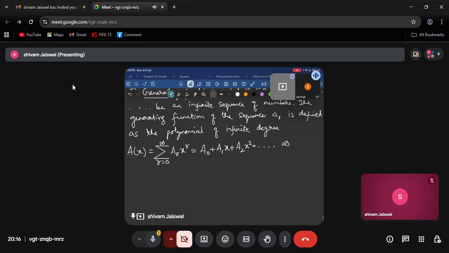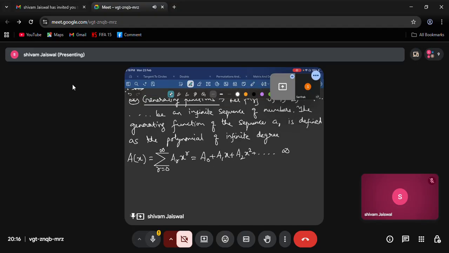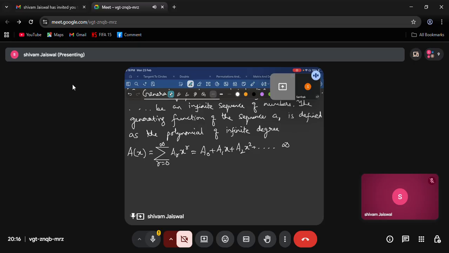Okay. And how will this help us in binomial or PNC? Pay attention. Application of generating functions.